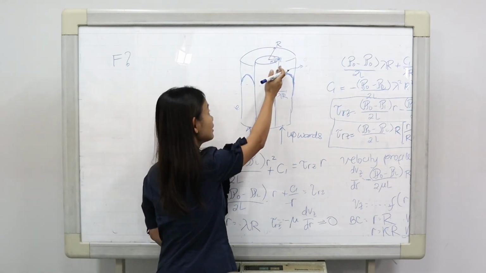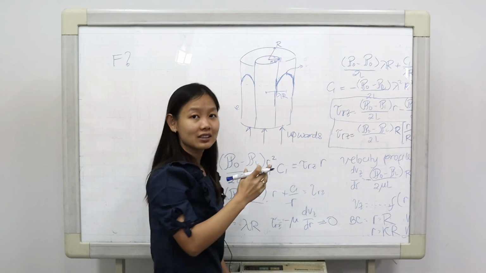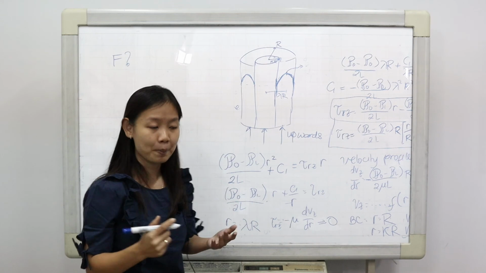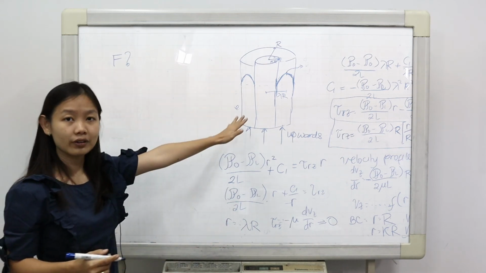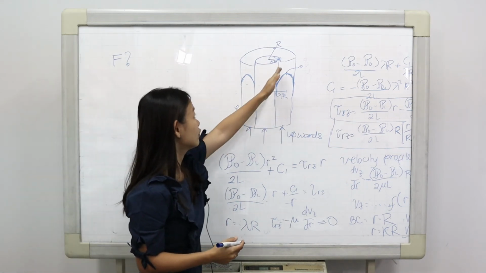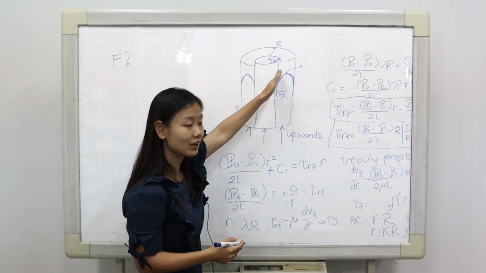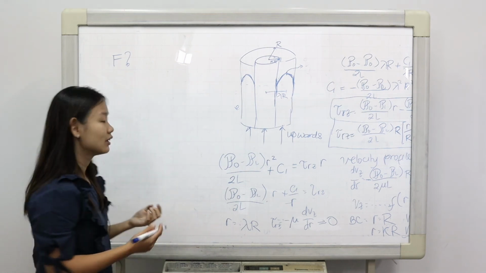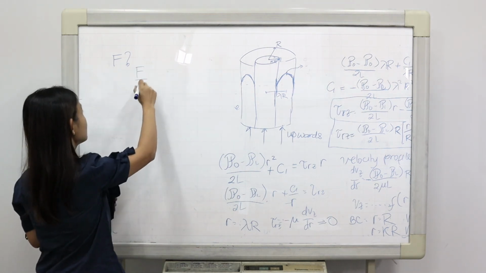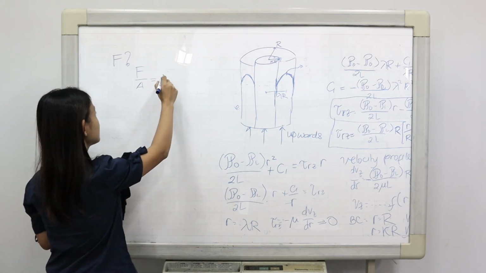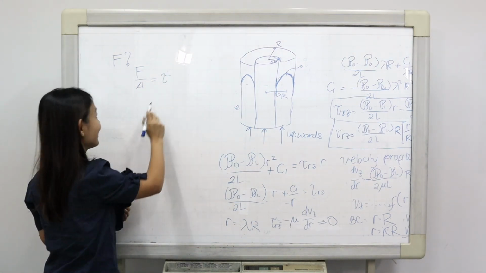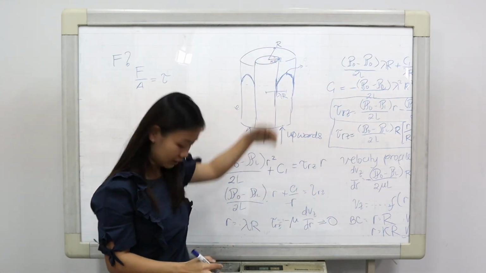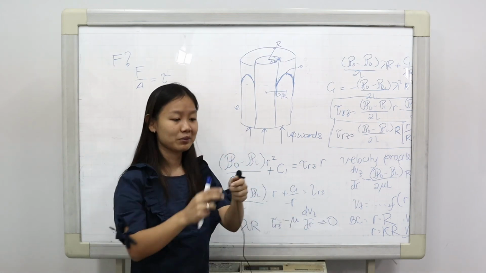The first one is the surface of the small cylinder, and the second one is the surface of the big cylinder. So the force acting on the surface will be the summation of the force on the inner cylinder and the force on the outer cylinder. So basically I will have two forces. Force divided by surface is the shear stress. Because the fluid flows like this, the force acting, sorry, I lost my microphone.